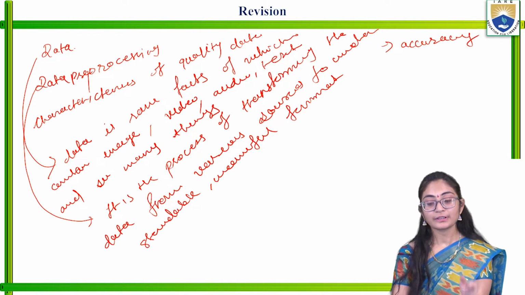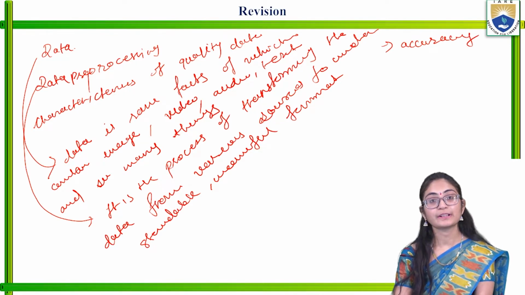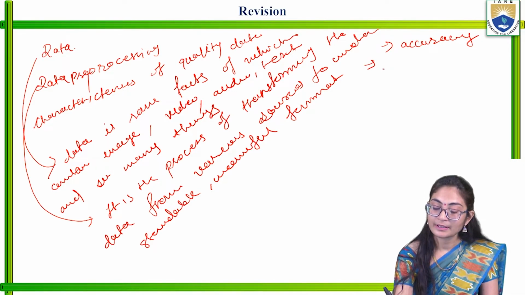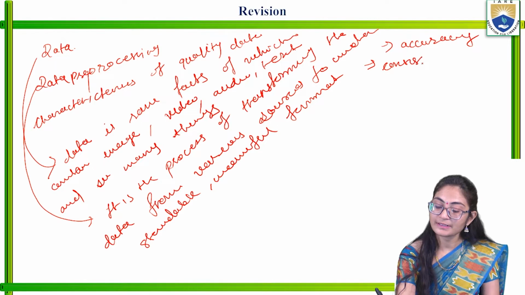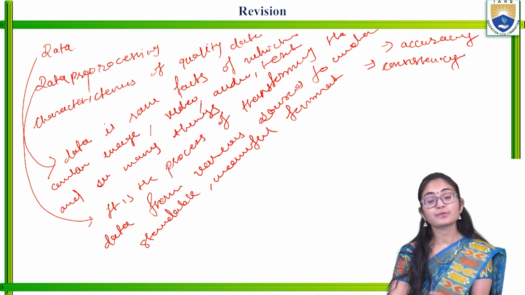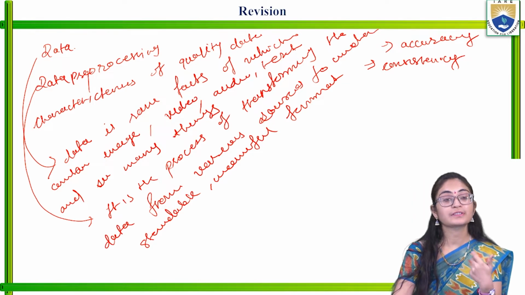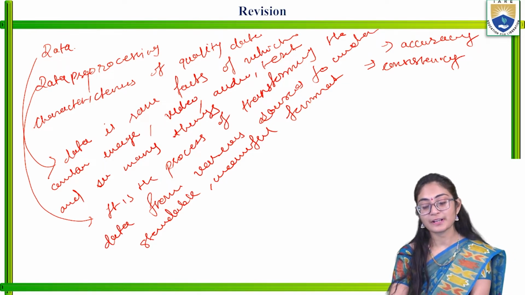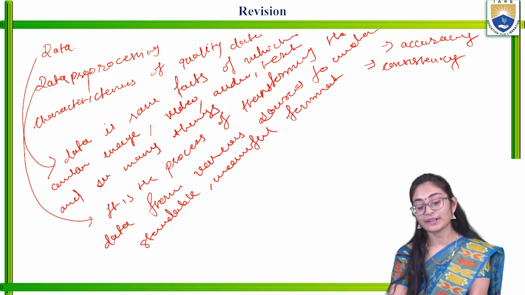That is, your data should be accurate and in correct format. The second one is consistency. It should follow a consistent format. It should consist of the same value from start to end.